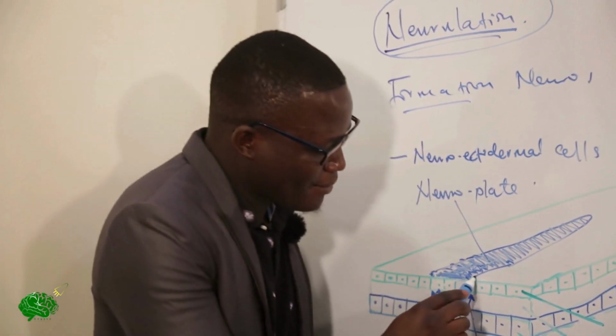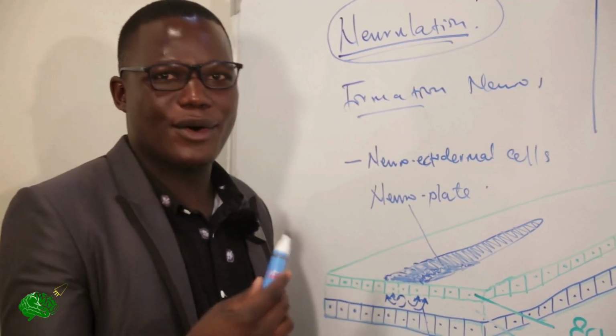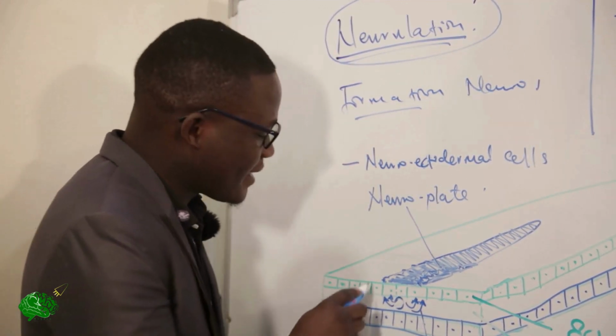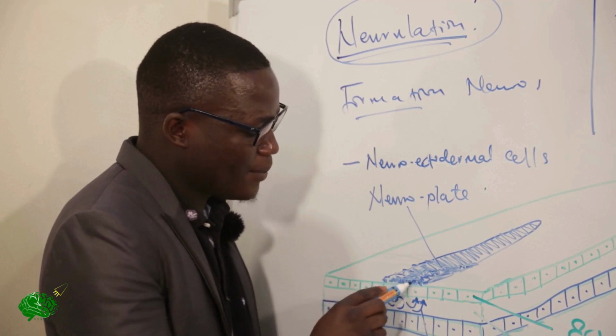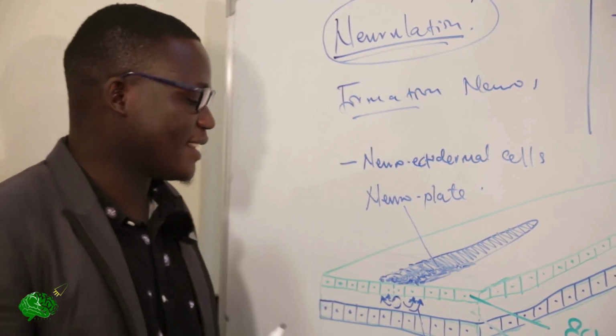The cells at the margin of the neural plate grow faster, mitotically dividing faster in comparison to those other cells in the neural plate which are at the center. That is one factor that is going to happen.